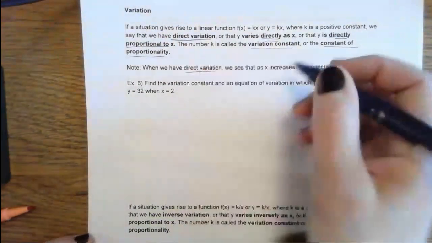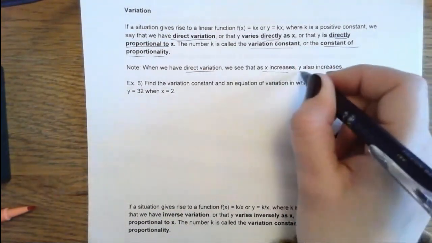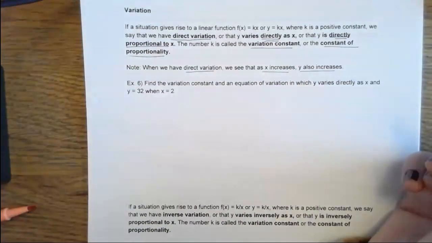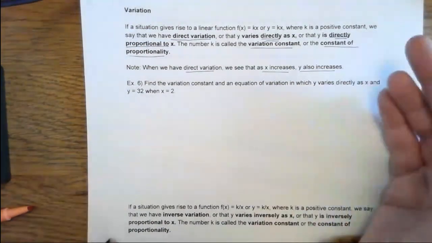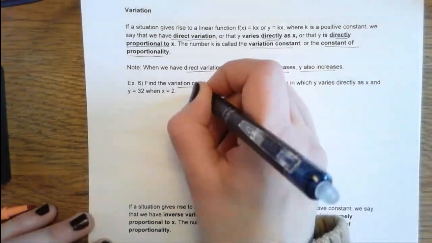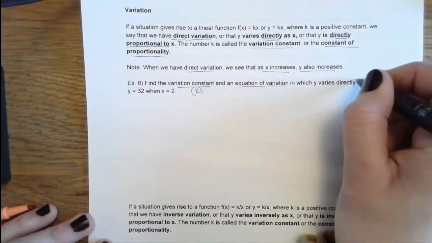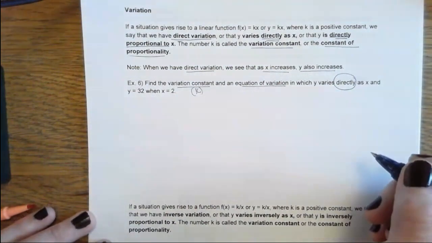With direct variation, x and y change together. As x increases, y also increases. It's a similar idea to a positive slope. They increase together. So let's find the variation constant, that's the k value, in an equation in which y varies directly as x.